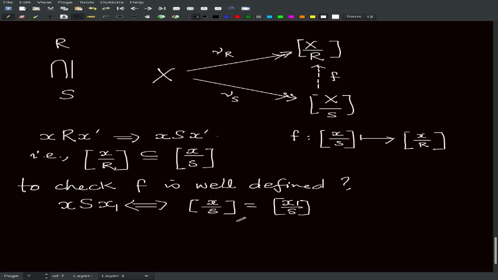The problem is that this one, by my description, is going to the equivalence class of x by R. This one, by my description, is going to x1 over R, the equivalence class of R of x1. Now, the problem is, are they equal?